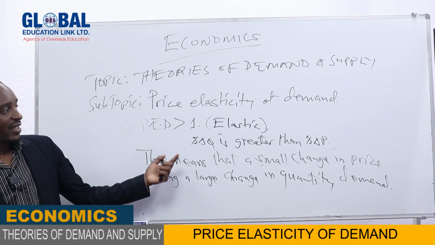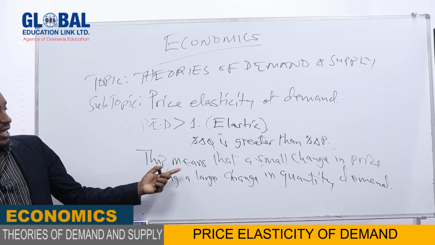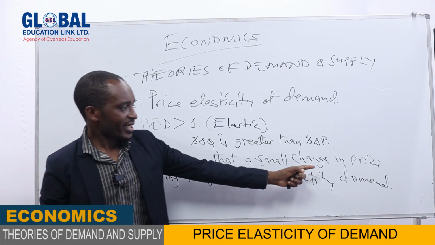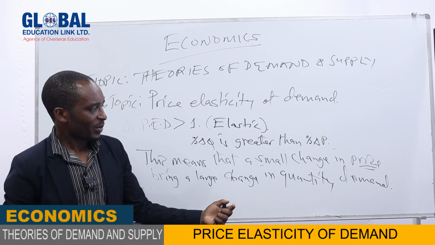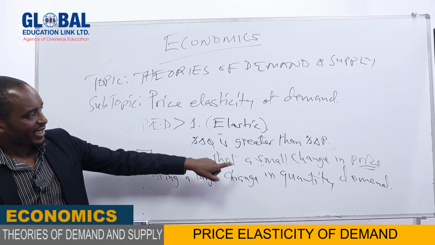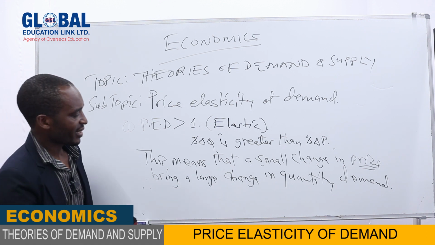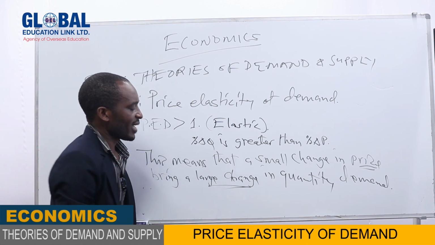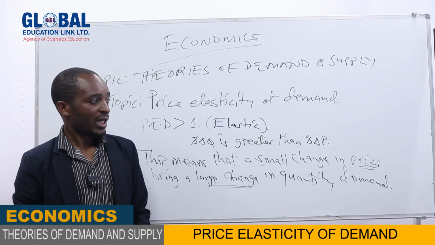So if you find that the value of price elasticity is greater than 1, it means a small change in the percentage of price brings a large change in quantity demanded.